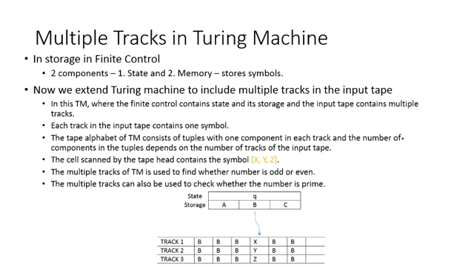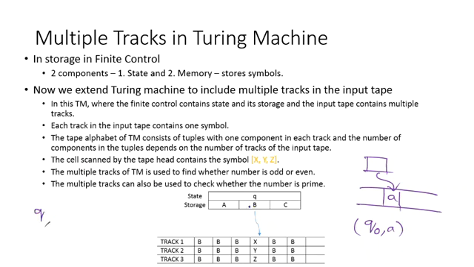In finite automata, you have a single tape, so it will be reading only X. For example, if this is the control and you have a tape with A, then you will have only one symbol here for finite automata. But when using multiple tracks, Q will have three symbols.